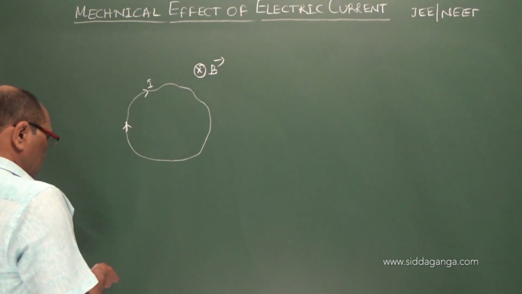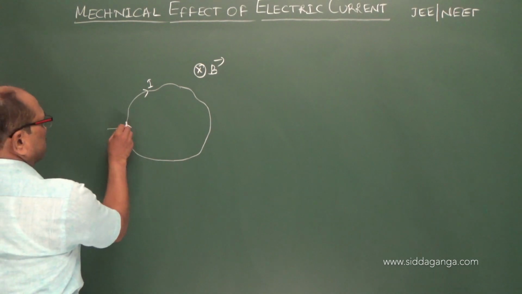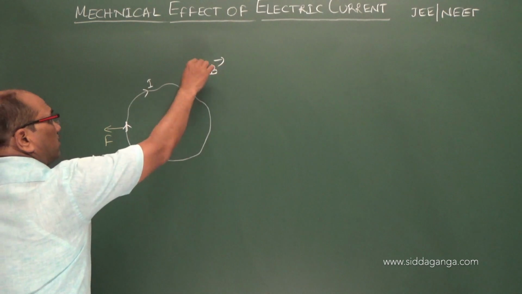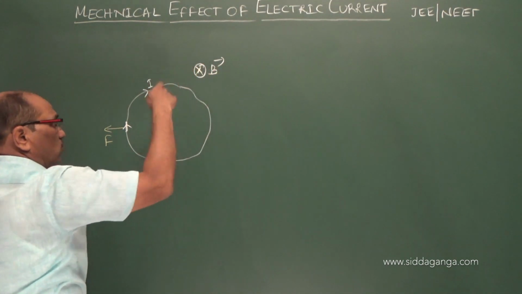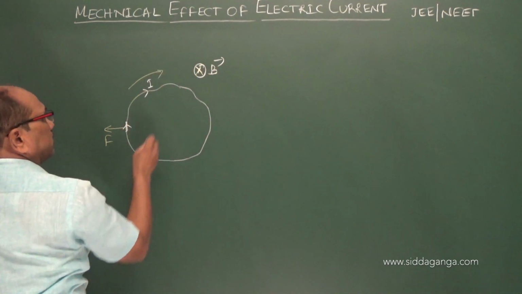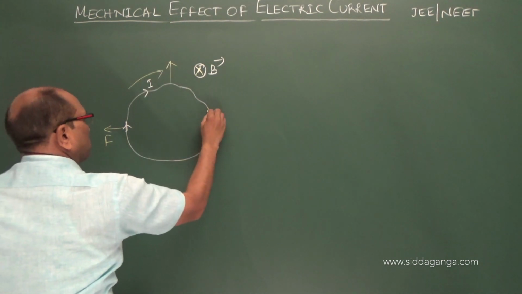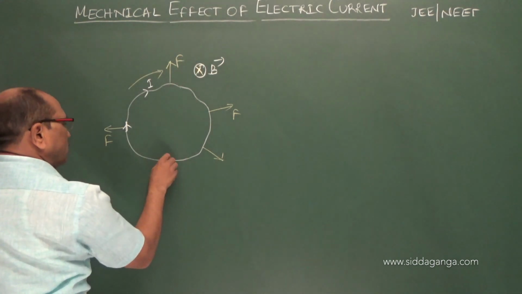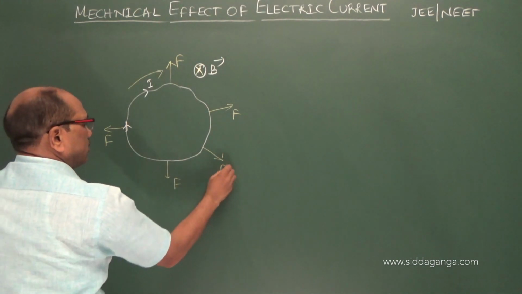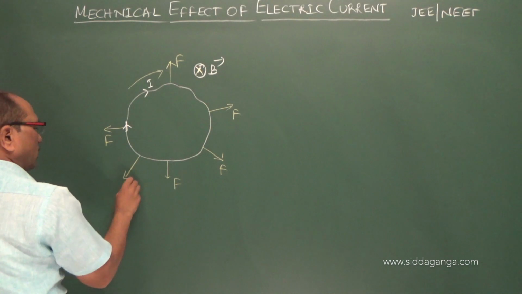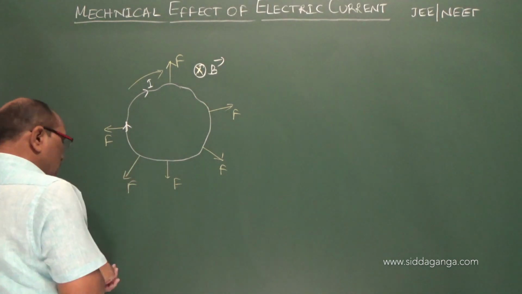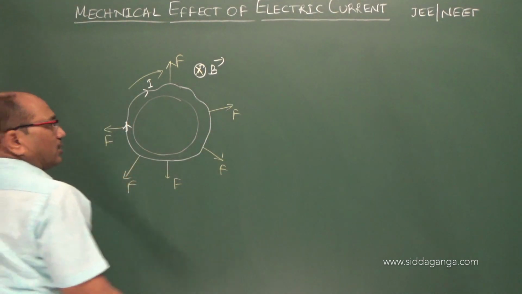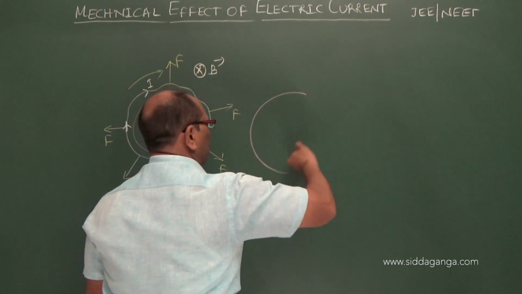Everywhere the force coming into existence by the magnetic force, this uniform magnetic field acting into the board, current is clockwise, every part of the wire experiences the force and stretches the loop outward and makes it a perfect circle. That means you will get a perfect circle.